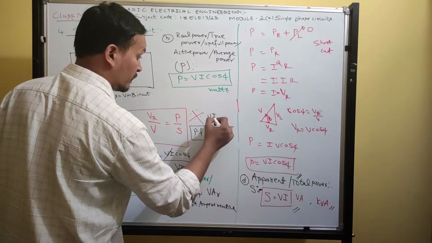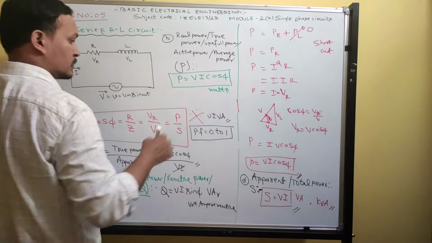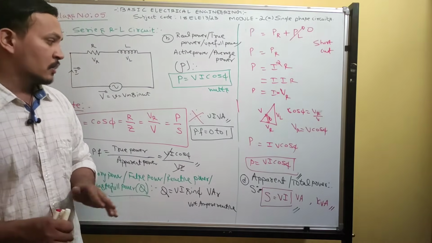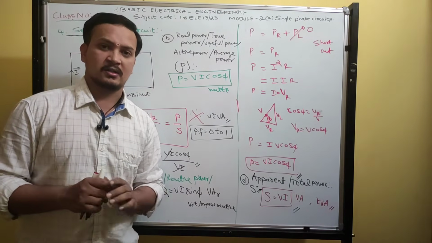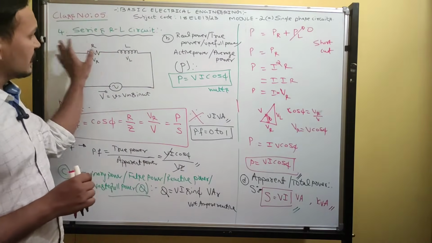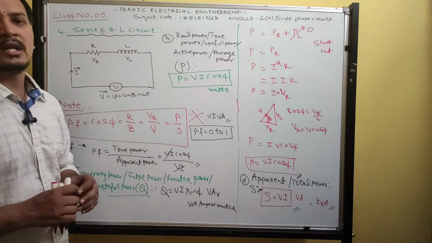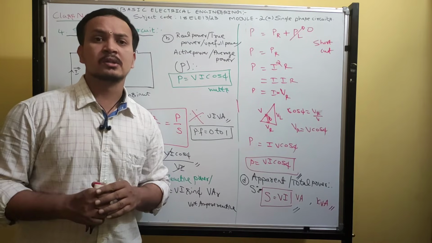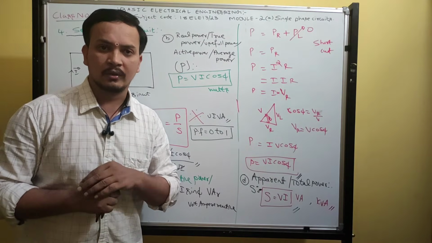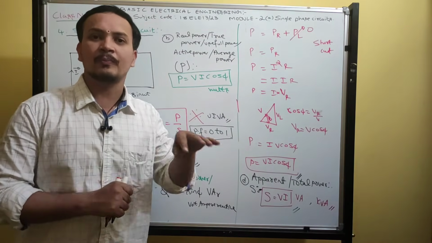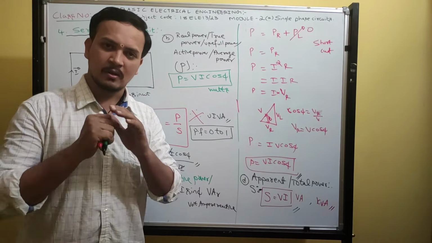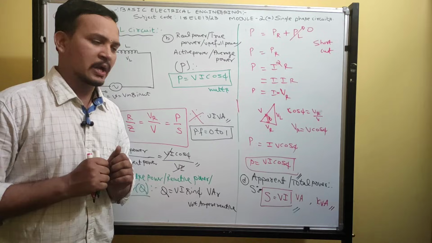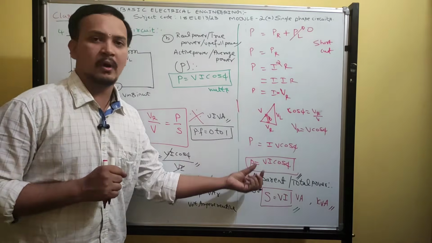Viva question: VTU students, in the Basic Electrical lab viva they will compulsorily ask, what is the range of the power factor? Irrespective of any circuit, power factor range is 0 to 1 only. You won't get a negative power factor, and it won't go beyond 1.